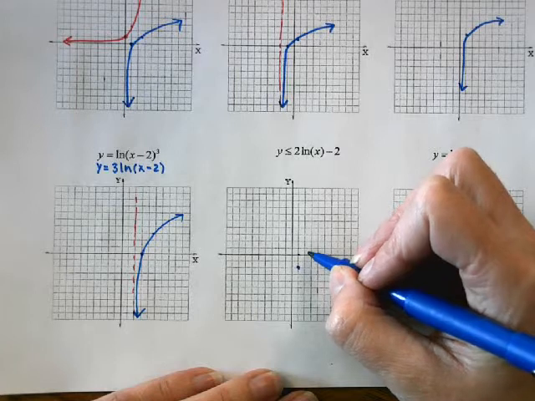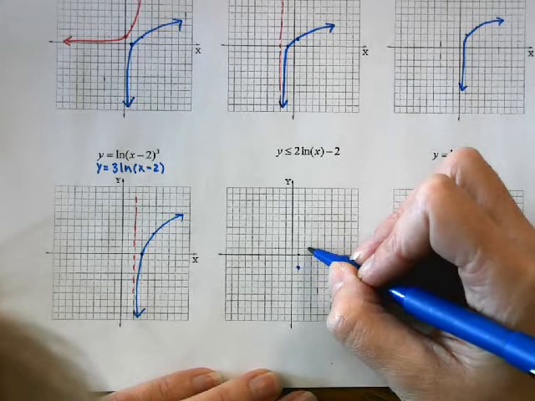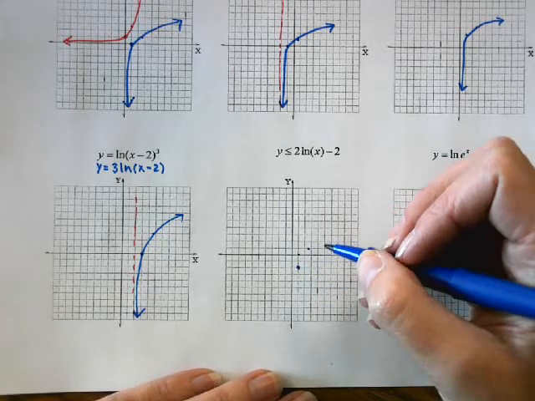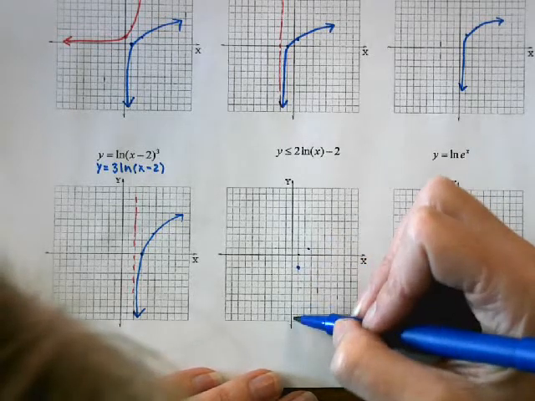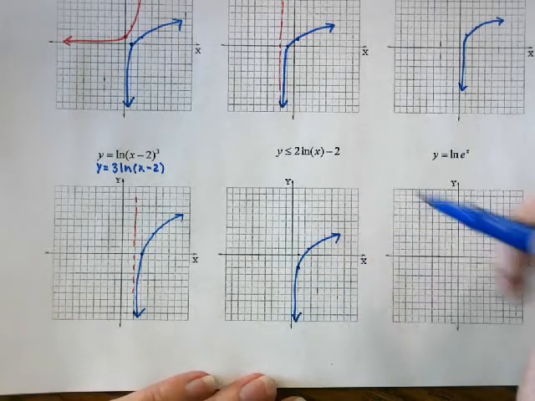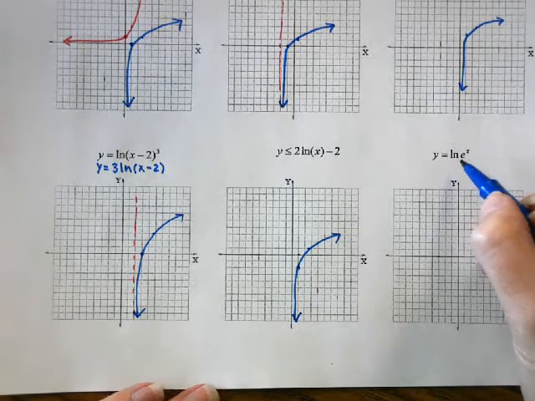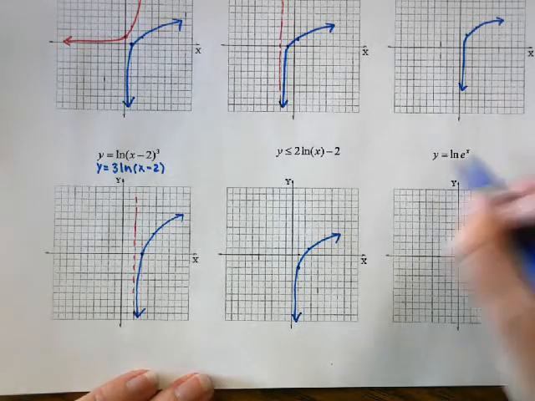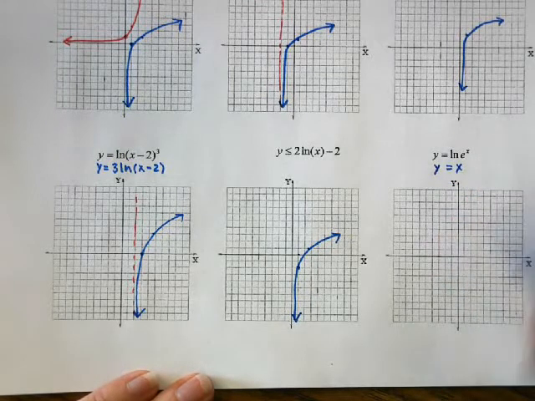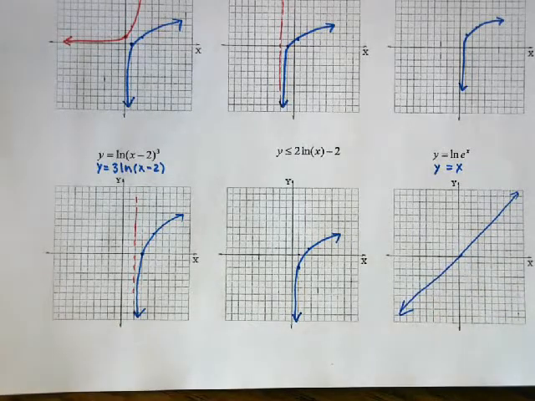It's going to get brought down by 2, but then multiplied by 2, so it's going to end up at a positive 1 there. And then natural log of e to the x is just y equals x. Like so.